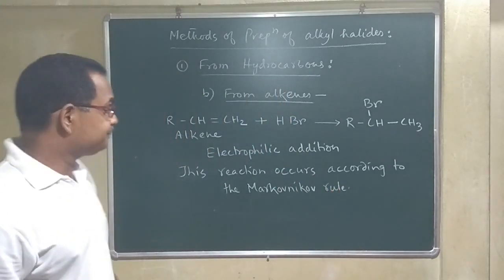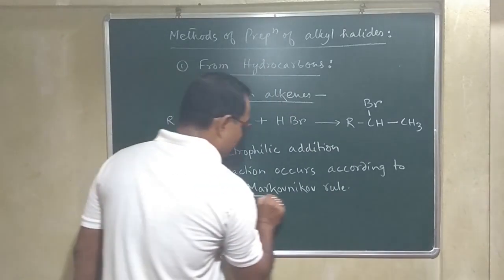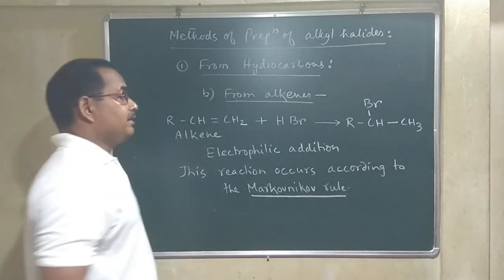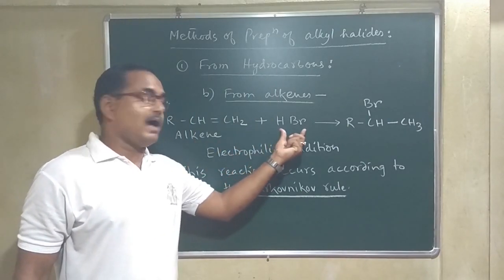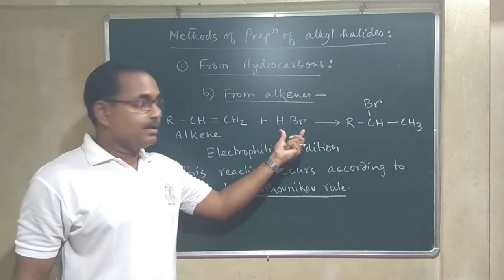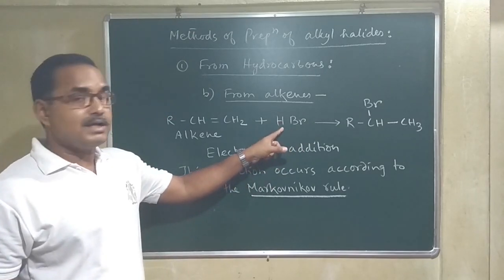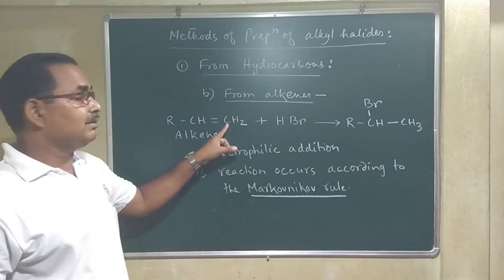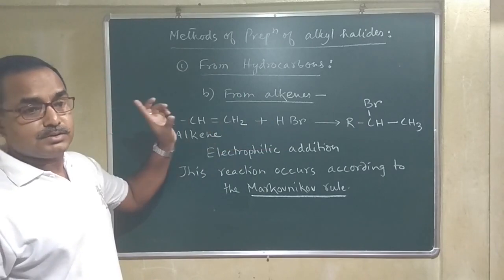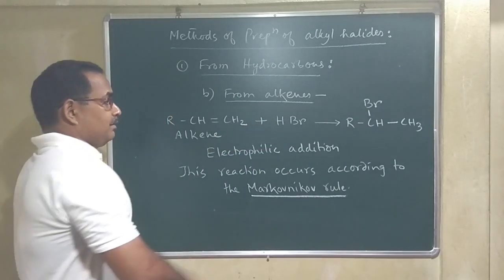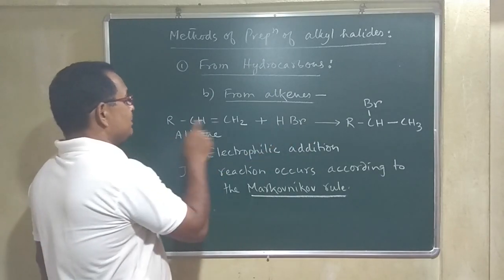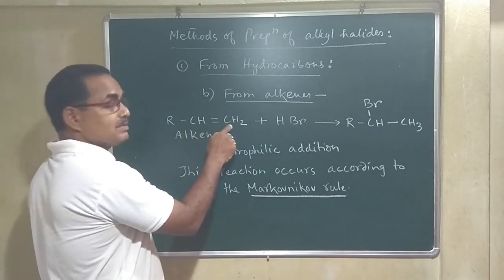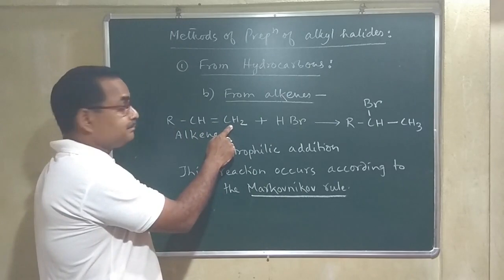What is that rule? According to Markovnikov's rule, when an unsymmetrical alkene is added with an unsymmetrical reagent, then the positive part of the reagent adds to the carbon containing the higher number of hydrogens. In this case, HBr is an unsymmetrical reagent. This alkene RCH=CH2 is also unsymmetrical.